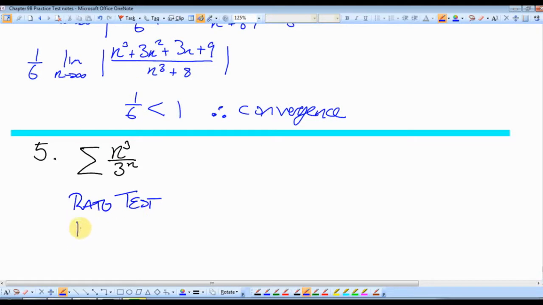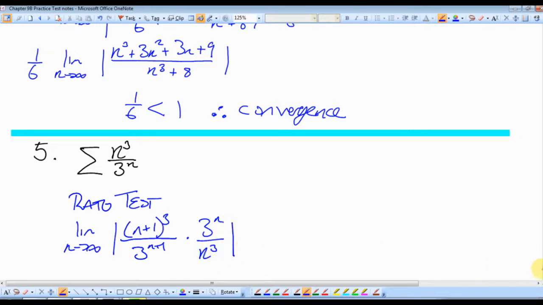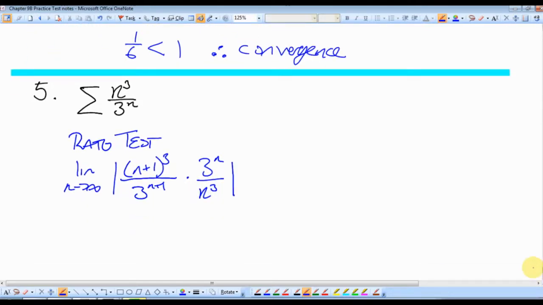And we're going to take the limit as n approaches infinity of (n plus 1) cubed over 3 to the n plus 1, multiplied by 3 to the n over n cubed. These are going to proceed a lot like the last one we just did. 1/3 on the outside. 1/3 is less than 1.